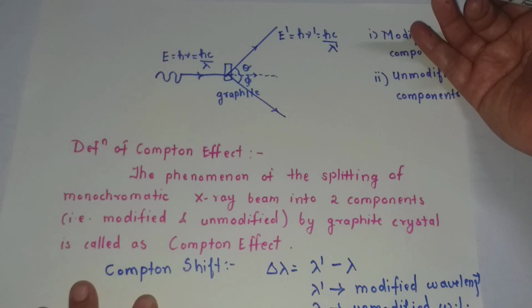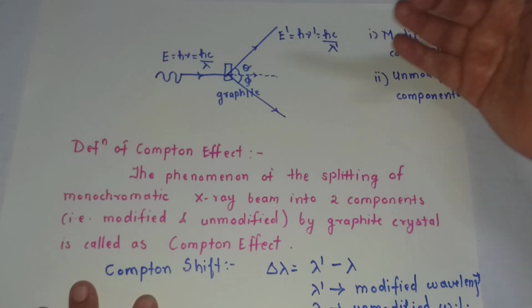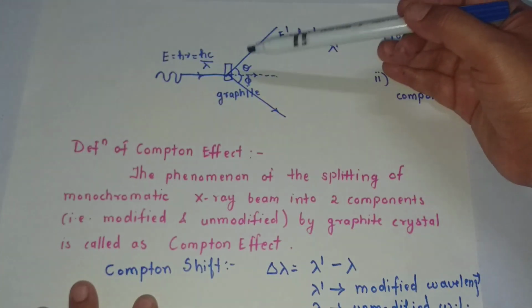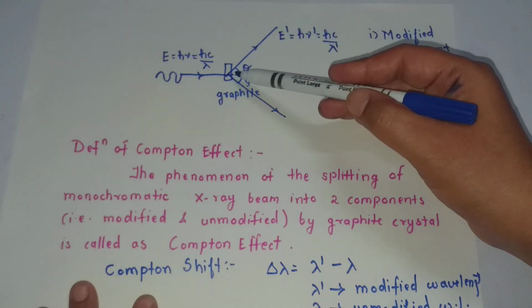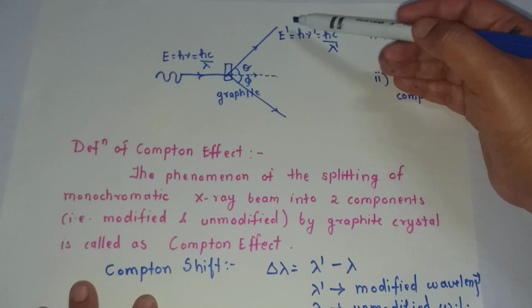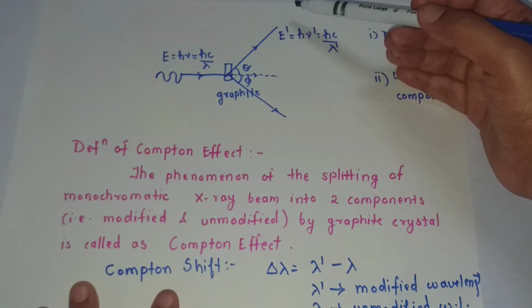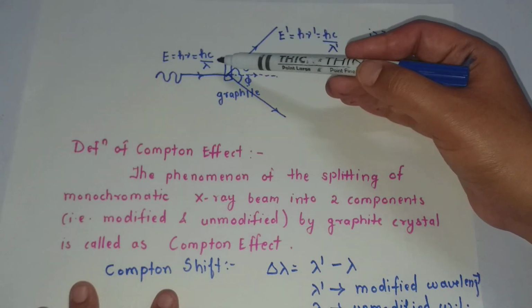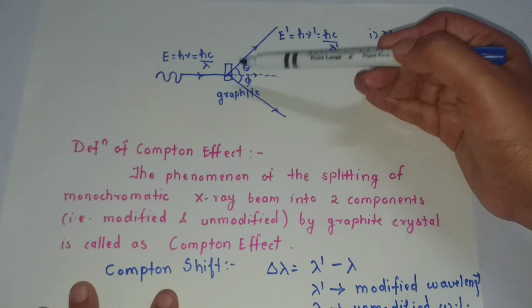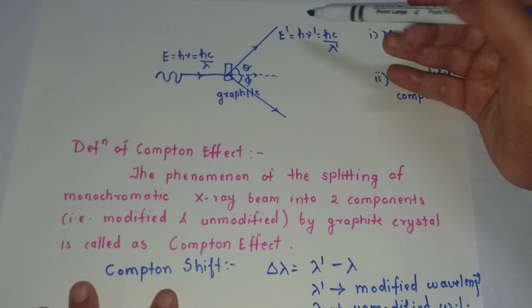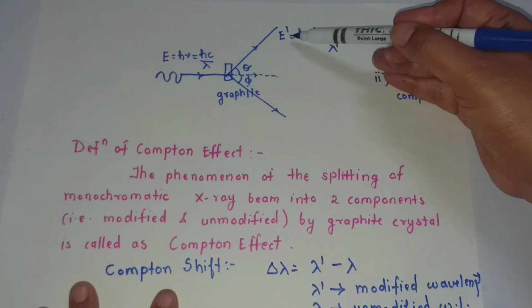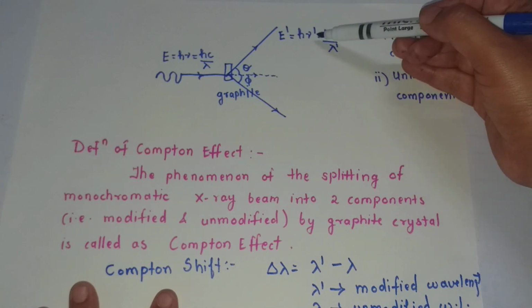So in general, we can say when a monochromatic X-ray beam is incident on a graphite crystal, the X-ray beam gets scattered. Now in this case, the photon has transferred some part of its energy to the electron. So the scattered photon will have less energy and therefore less frequency.